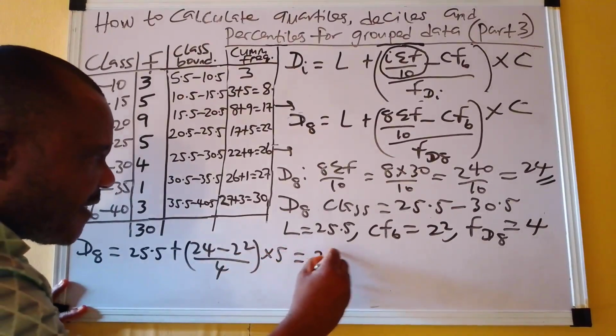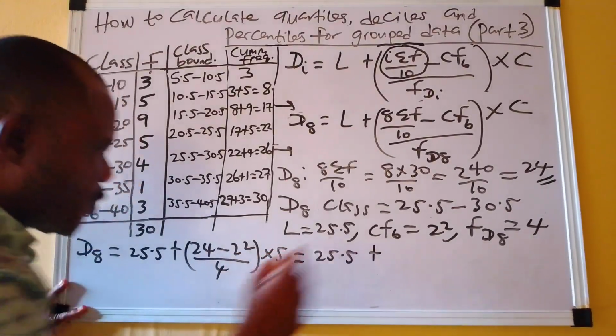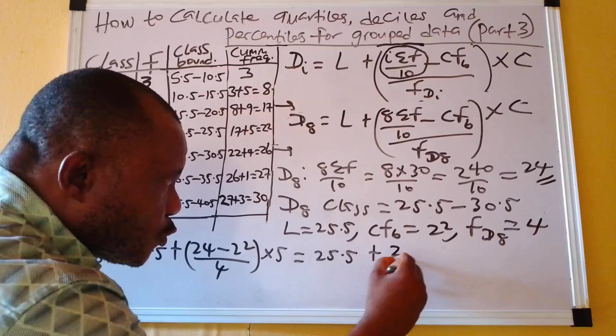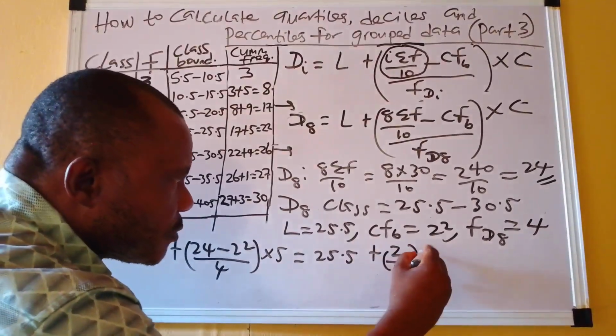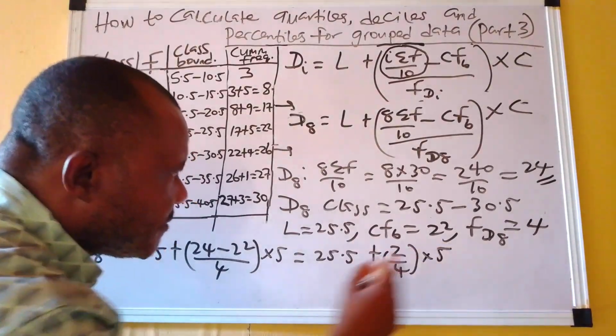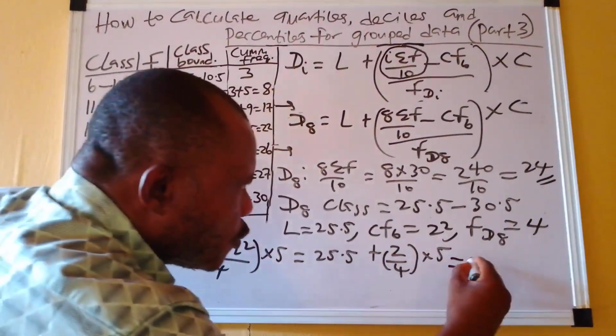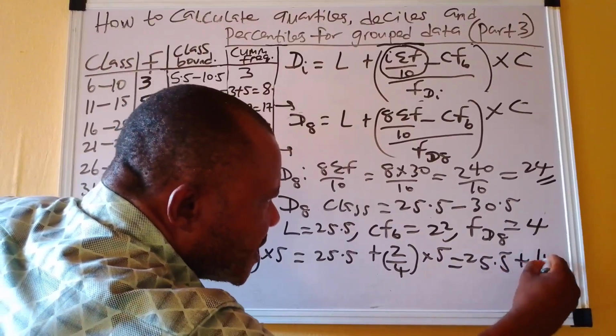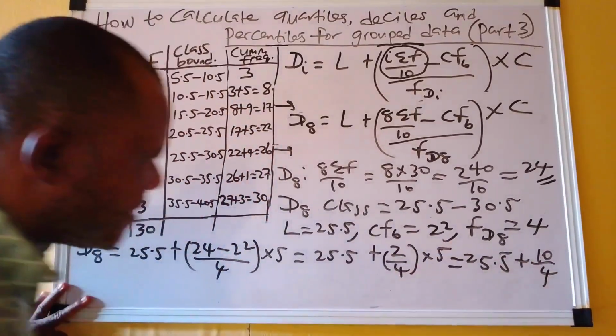So this will be 25.5 plus 24 minus 22, which is 2, over 4, times 5. So this will be equal to 25.5 plus 10 over 4, since 2 times 5 is 10.